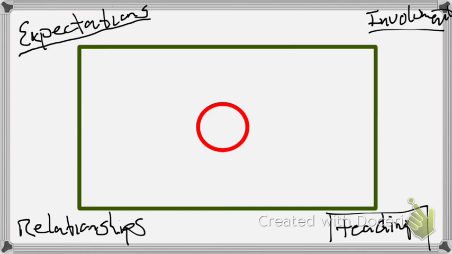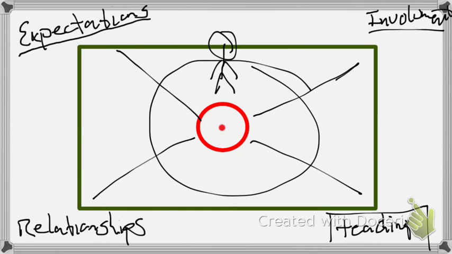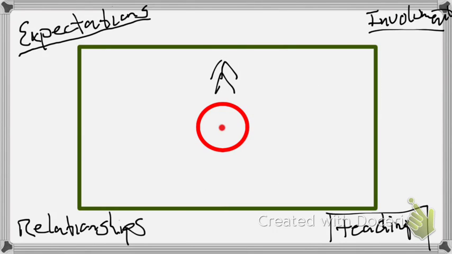But our goal is we want people in the center, because the center of this rectangle means that you, as the individual, are getting something from all four corners. This is what we would call a well-rounded person.